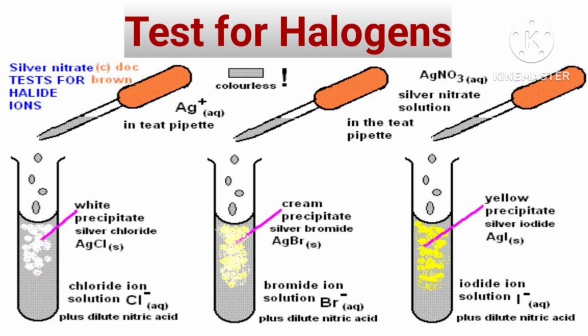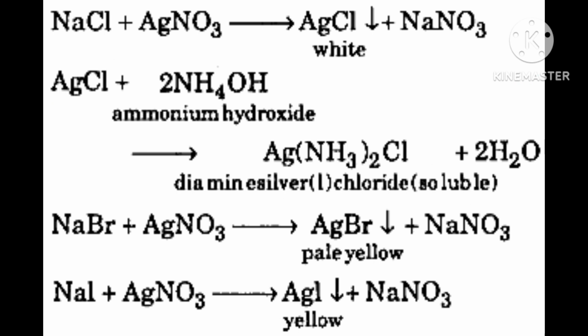Then with silver nitrate, if an organic compound has X, it will form AgX. AgX means silver chloride, silver fluoride, silver bromide, silver iodide.